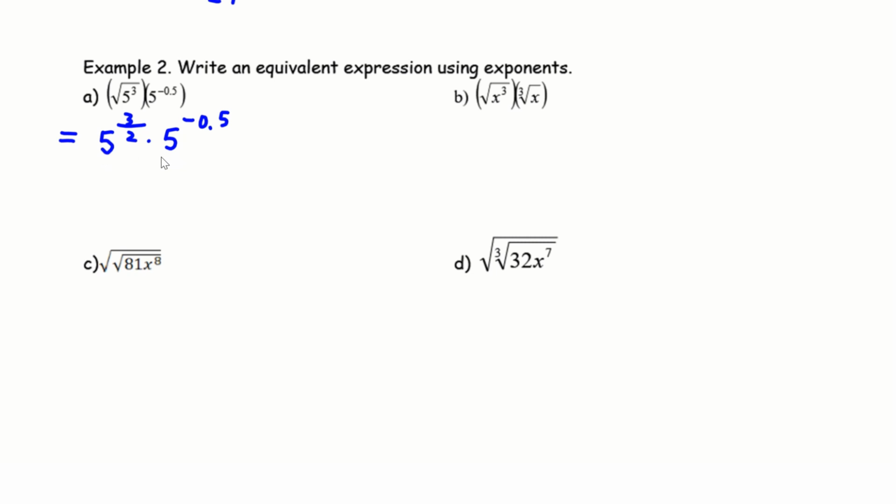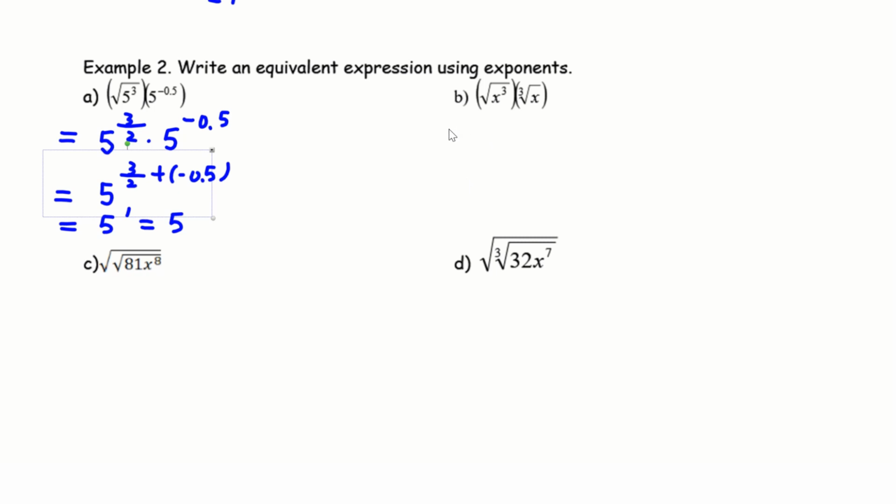So we have the same base multiplication and we add the exponents. So 5 to the exponent 3 over 2 plus negative 0.5. Then you will have 5 to the exponent 1. That is 5. So that is done.